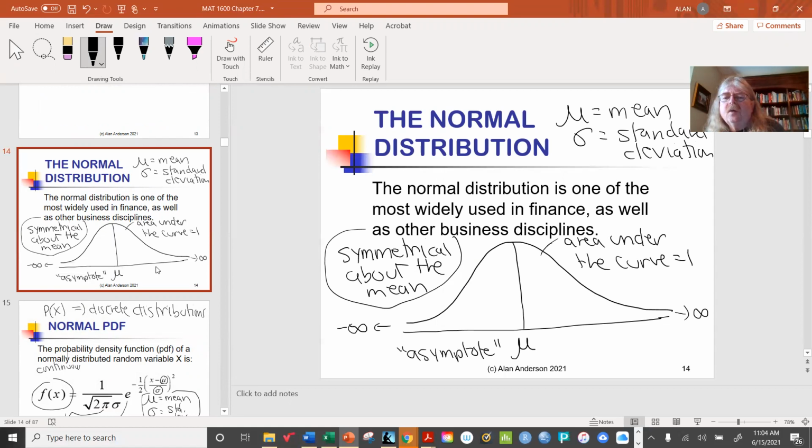So this is what the normal distribution's curve looks like. It's often been described as a bell-shaped curve for obvious reasons. That's pretty much what it looks like, isn't it? It's a bell. And it has a lot of area in the center, and then it falls off very quickly. These are often referred to as the tails of the distribution.